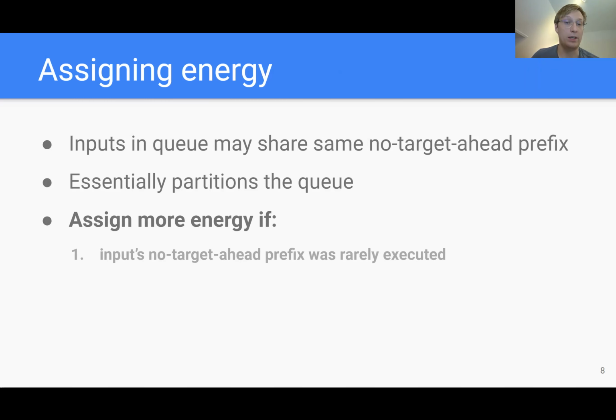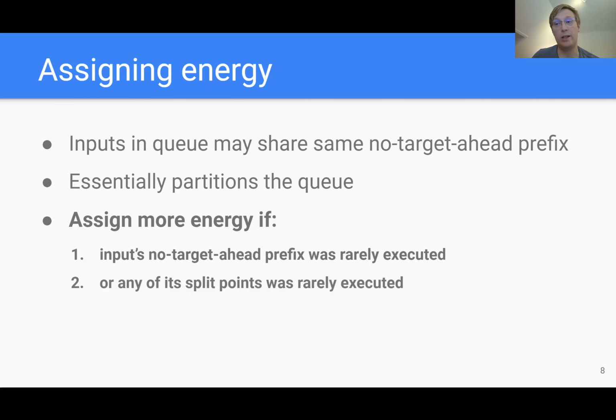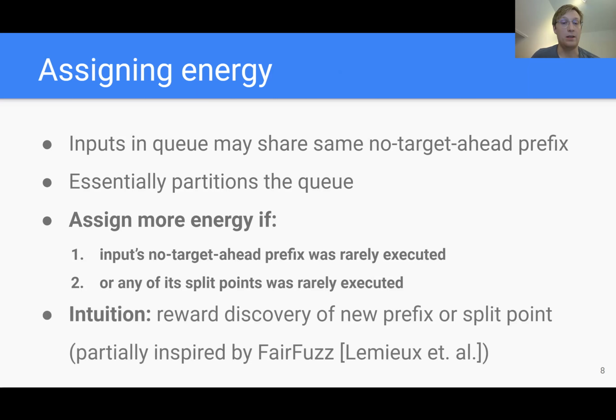The first condition is if the input's noTargetAhead prefix has been rarely executed. The second one is if any of its split points have been rarely executed. The intuition behind this energy schedule is that we want to reward discovery of new prefixes and new split points. And this is partially inspired by FairFuzz.